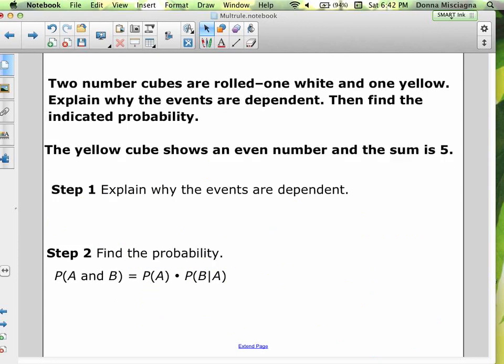All right, let's look at another very similar problem. Two number cubes are rolled, one white, one yellow. Explain why the events are dependent and then find the indicated probability. So the yellow cube shows an even number and the sum is 5. Explain why the events are dependent. So think about it, we want the sum to be 5.